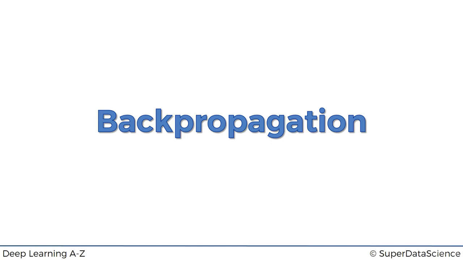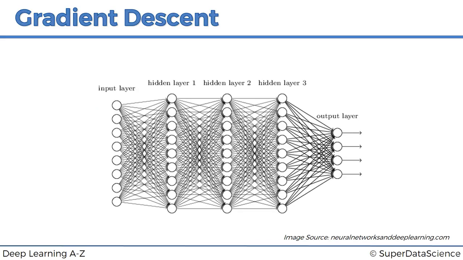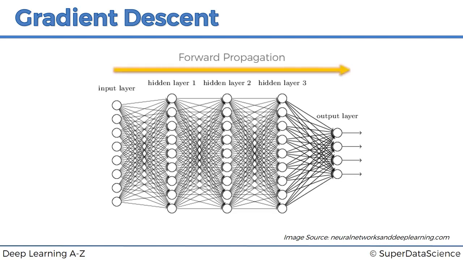Alright, so we already know pretty much everything we need to know about what happens in the neural network. We know that there's a process called forward propagation where information is entered into the input layer and then it's propagated forward to get our y-hats, our output values, and then we compare those to the actual values that we have in our training set, and then we calculate the errors.